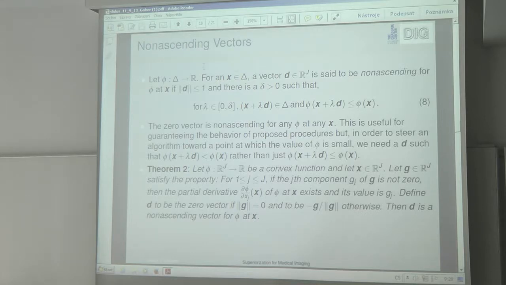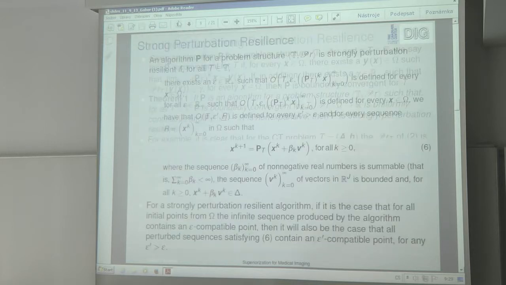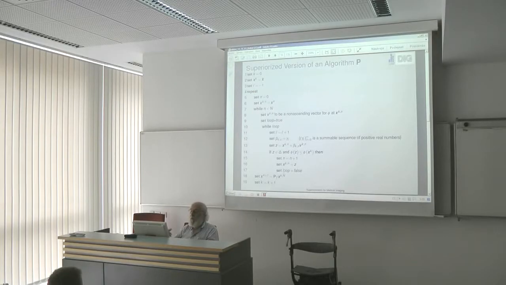The final new concept has to do with the selection of the direction, and in fact, that comes out of the non-ascending nature of the vector that I use here. If you look at the definition of what a non-ascending vector is, it guarantees that you cannot be stuck in the while loop.